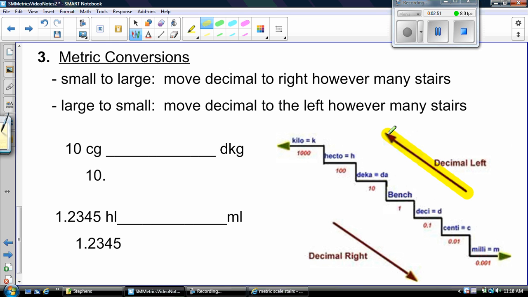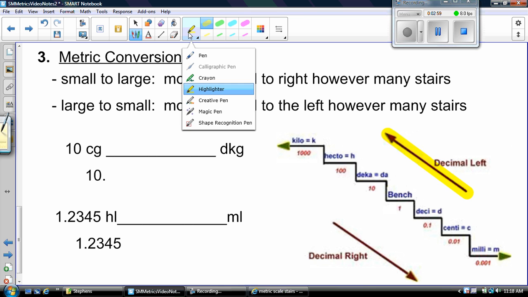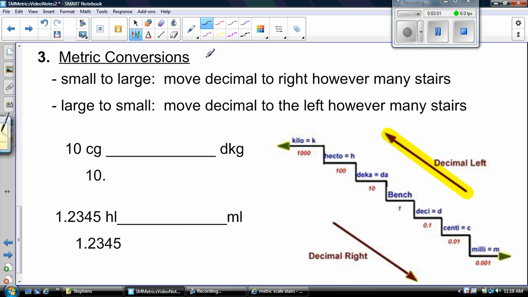So let's do an example of that. If I have 10 centigrams and I want to convert that into decagrams, I'm going to move my decimal to the left however many stairs. If I start out at centi right here, I'm going to go to deca. I'm going to count how many stairs that is. That's 1, 2, 3.